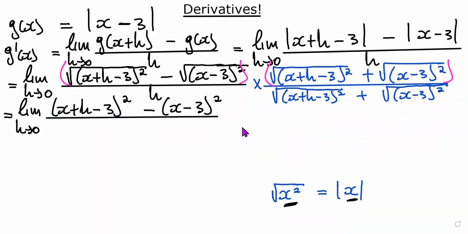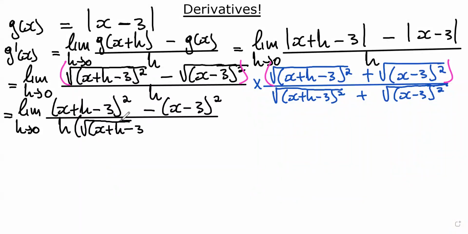We also know that when rationalizing the numerator, we keep the denominator in its factored form, which means we don't distribute the h. We just keep the h there. And here we simply have the square root of x plus h minus 3, all squared, and here we have the square root of x minus 3 squared as well. And this is what we have.